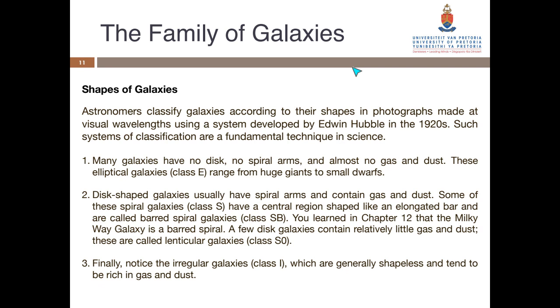And this classification was developed by Edwin Hubble in the 1920s. So in this course, we haven't talked about Edwin Hubble much. So what other work was Edwin Hubble famous for? And the Hubble Space Telescope is named after him.